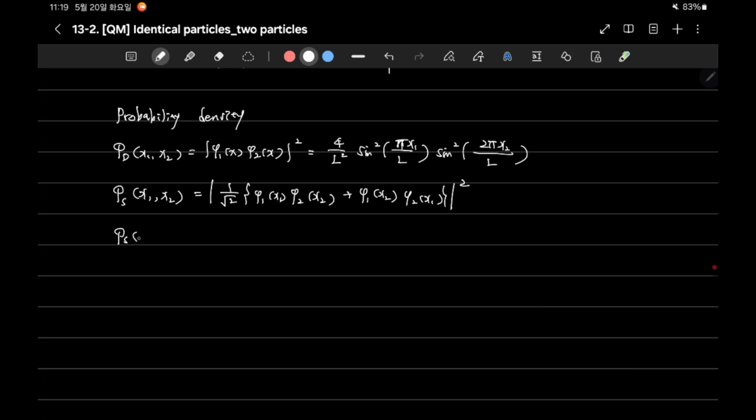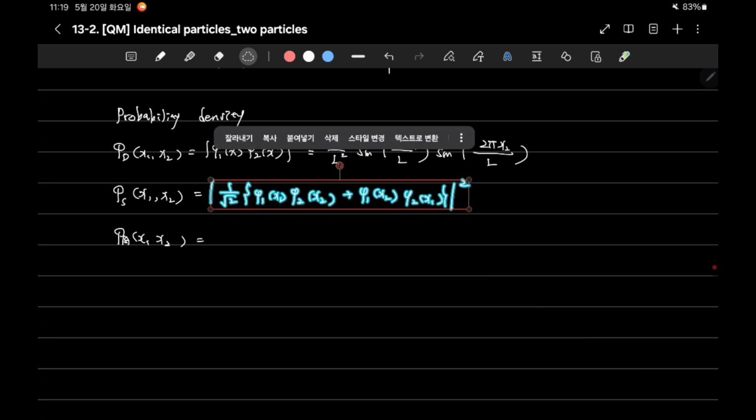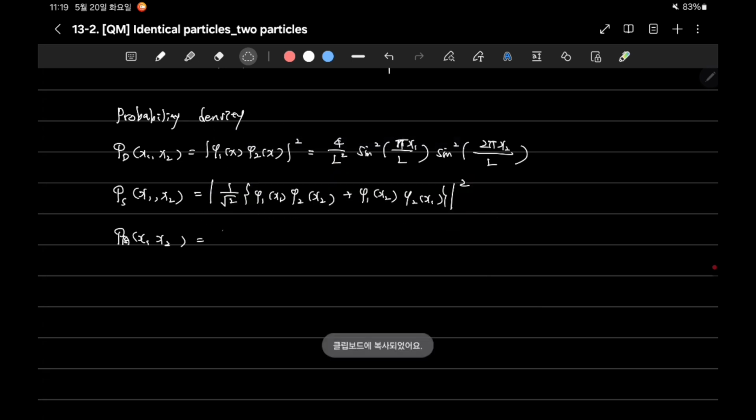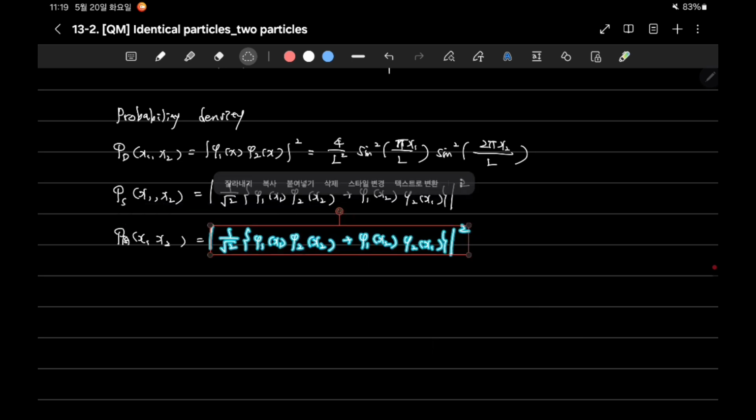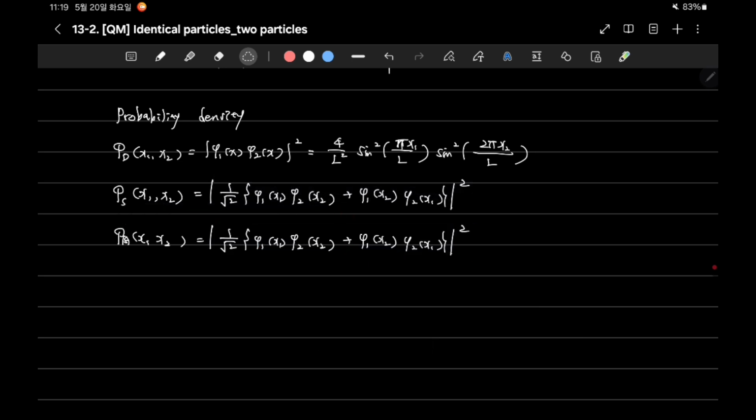And the antisymmetric probability x1 and x2 is the same but with the minus sign.